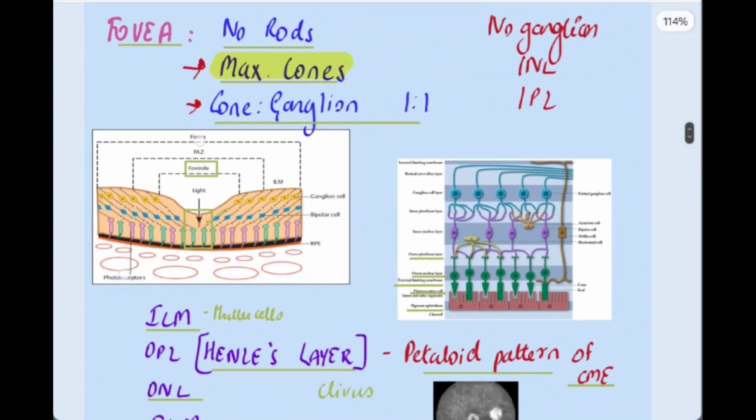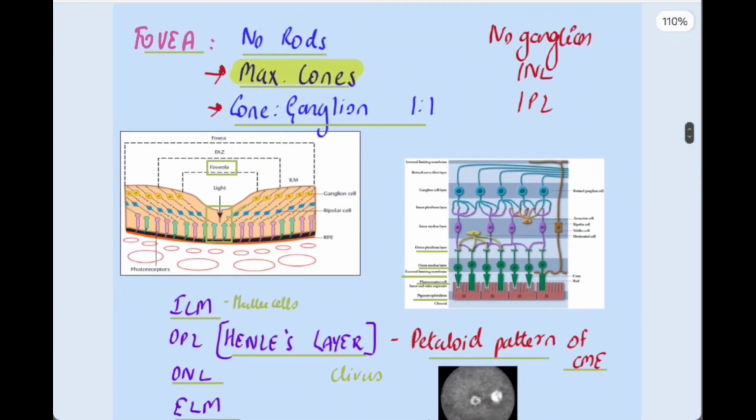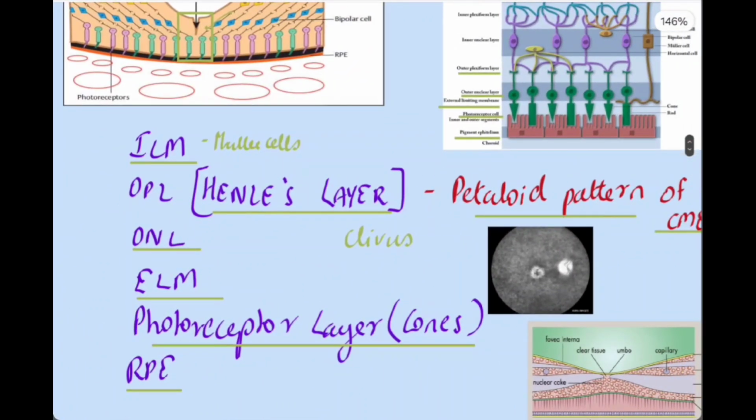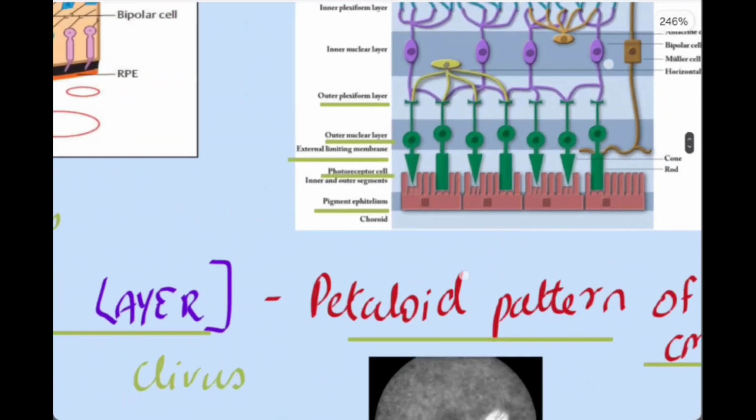The fovea consists of the internal limiting membrane that is Muller, always present, outer plexiform layer also known as Henle's layer, outer nuclear layer, external limiting membrane, photoreceptor layer that is cones, and RPE.